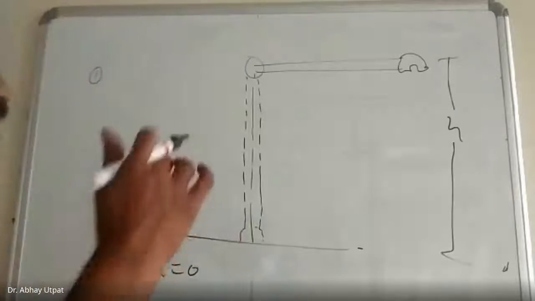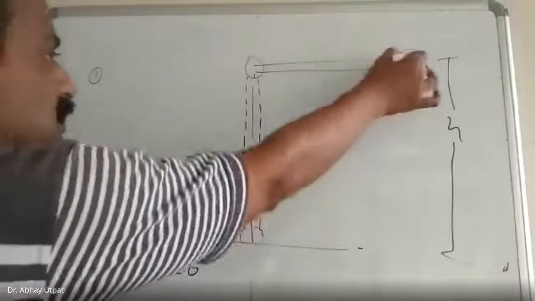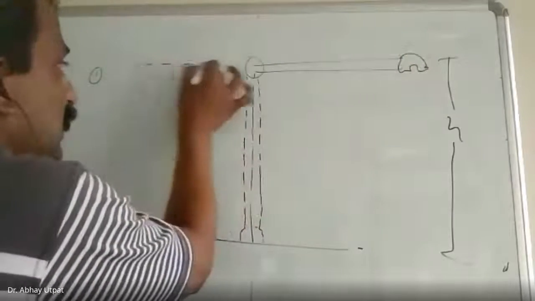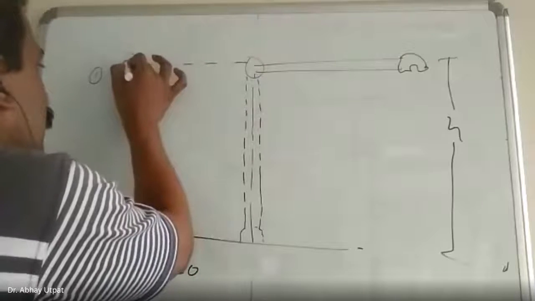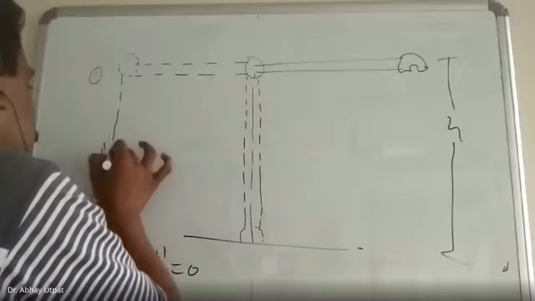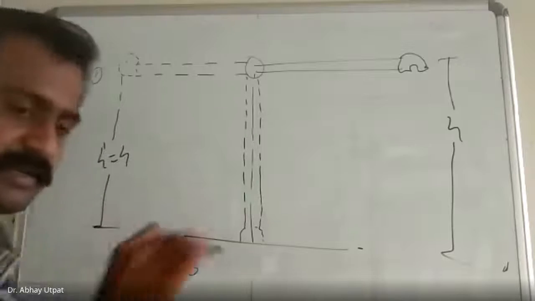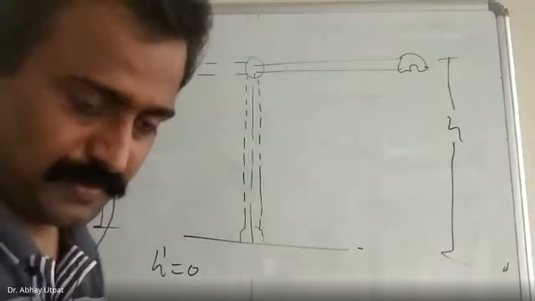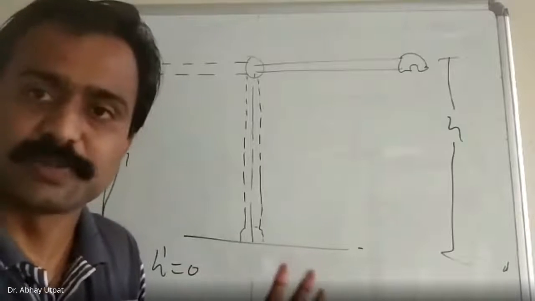Case number 2. This hammer will come exactly here. H dash is equal to H. Tell me what is toughness? 0. 0, sir. Means no energy is absorbed by the specimen.